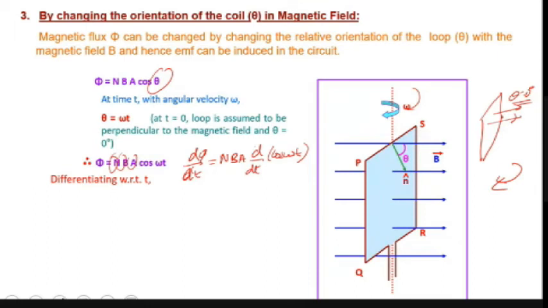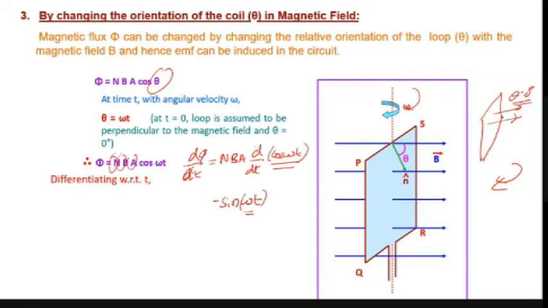First you have to use what is that rule called? Chain rule. Cos omega t. What is the differential of cos omega t? Differentiation is minus sin omega t. Actually it is cos theta or cos t, sin t, but instead of t, what we have is omega t. So first you differentiate cos omega t, you will get minus sin omega t. Now whatever is there inside the bracket, omega t, what is the derivative of omega t?